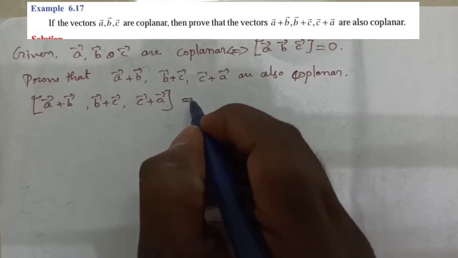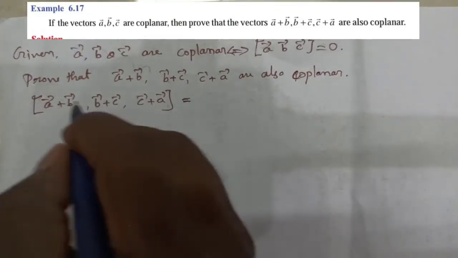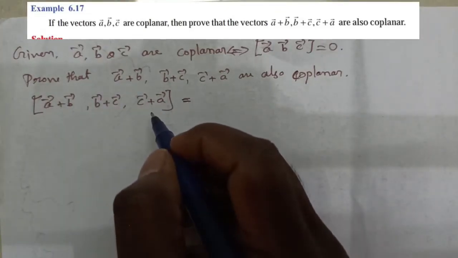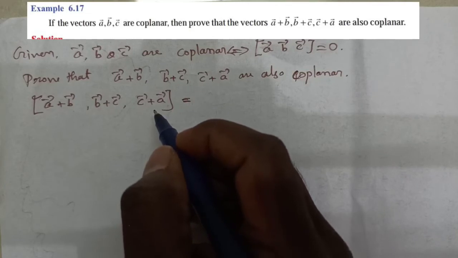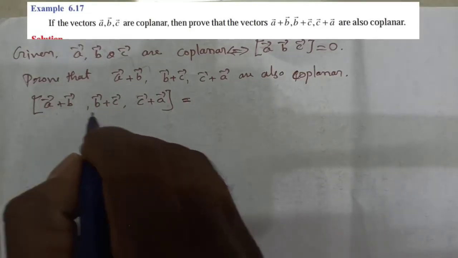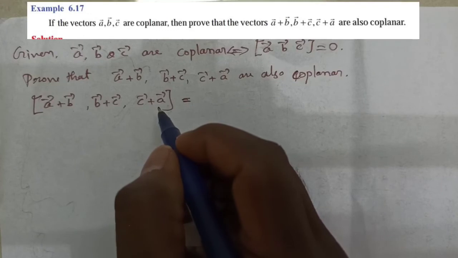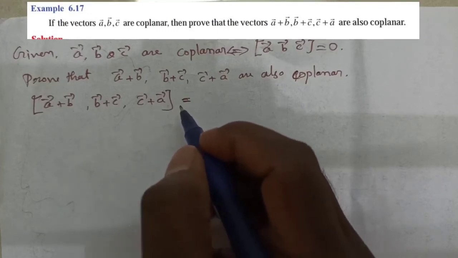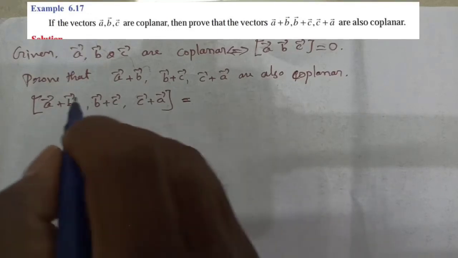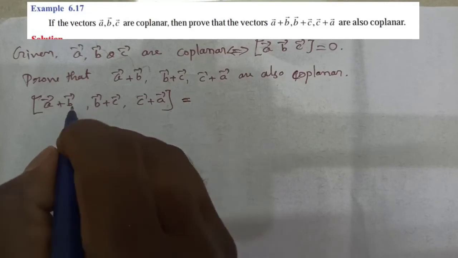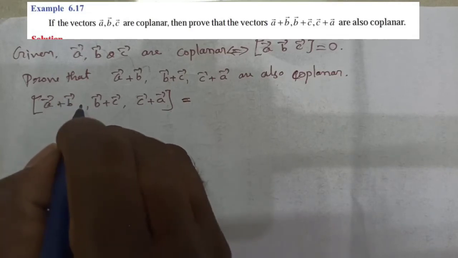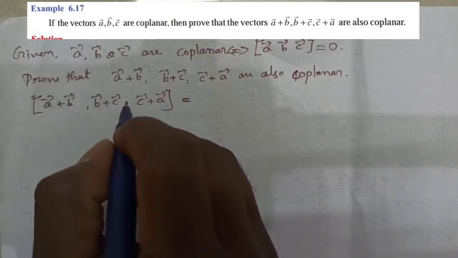We know the definition of box product. Box product is nothing but the scalar triple product. What is the scalar triple product? One cross product and one dot product will be there.